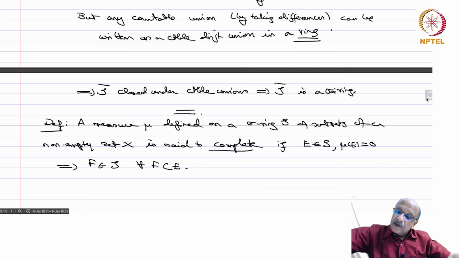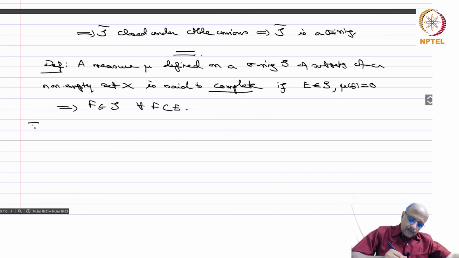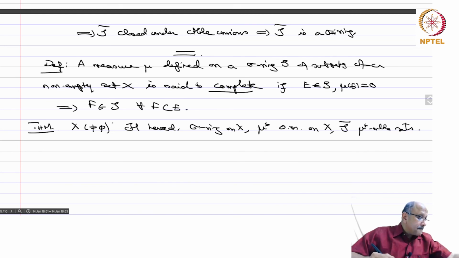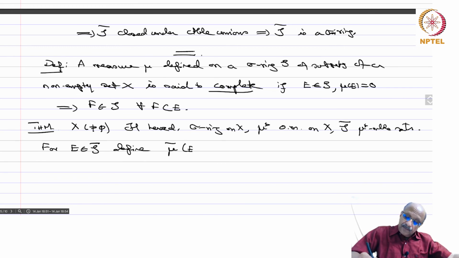So we have the following theorem which we've almost proved. Let X be a non-empty set, H a hereditary sigma ring on X, mu star an outer measure on X, and S bar the mu star measurable sets. For E in S bar, define mu bar of E equals mu star of E. It's the same, I'm just saying.